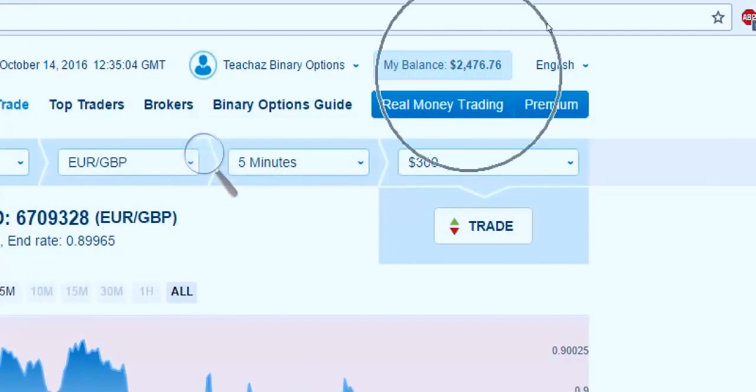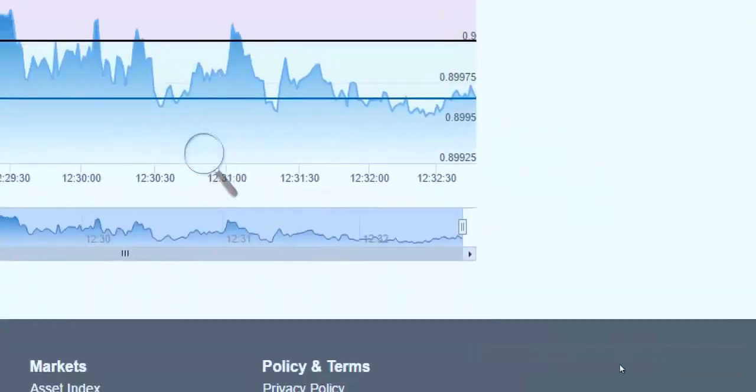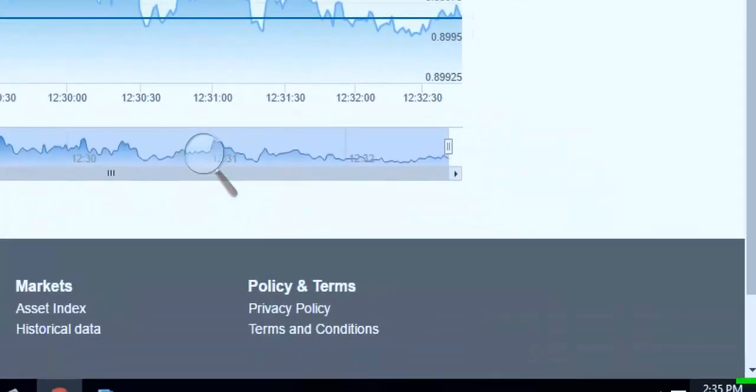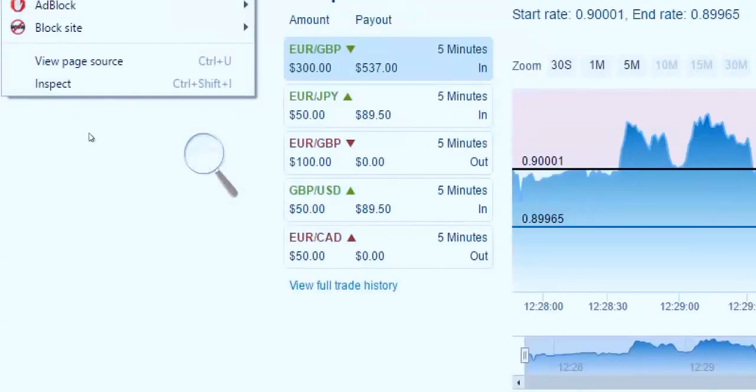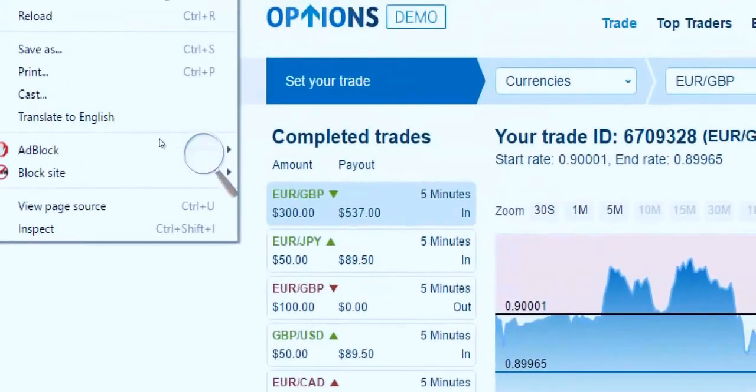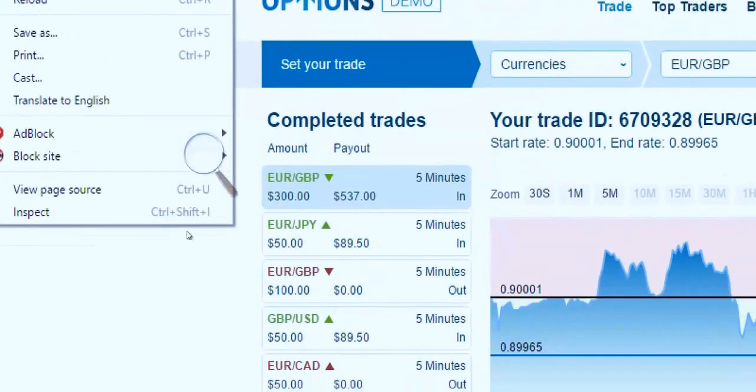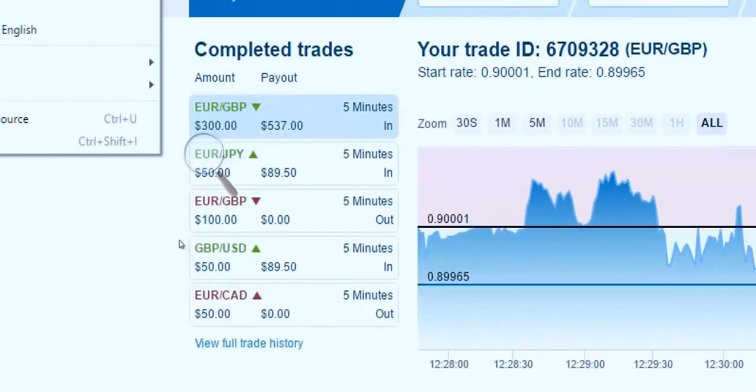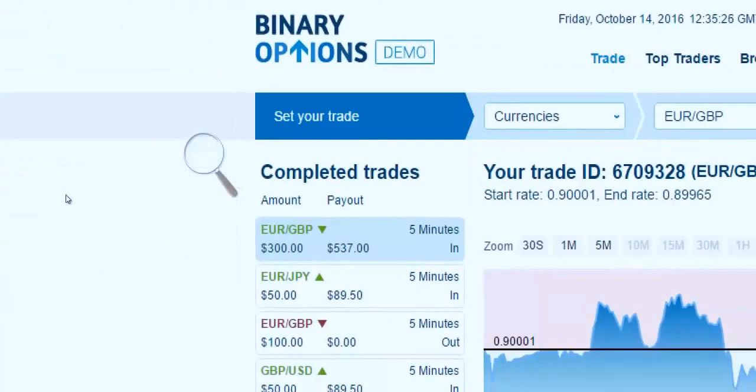When I started, I think I had 2,231, and this is just in less than like 30 minutes, guys. I'm trading 5 minutes. I have actually traded how many trades? 1, 2, 3, 4, 5. Should be around 10 trades, and I've managed to generate some cash.